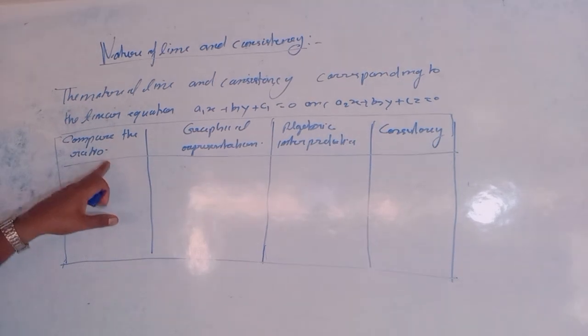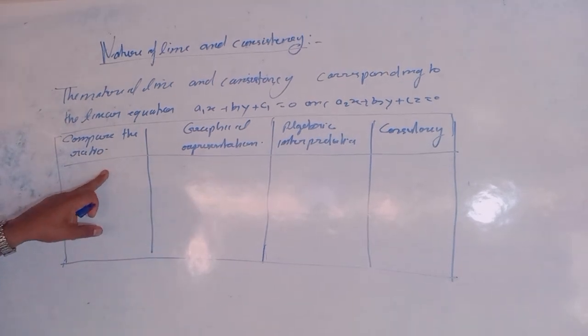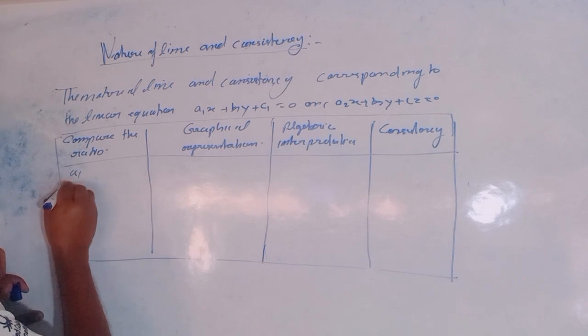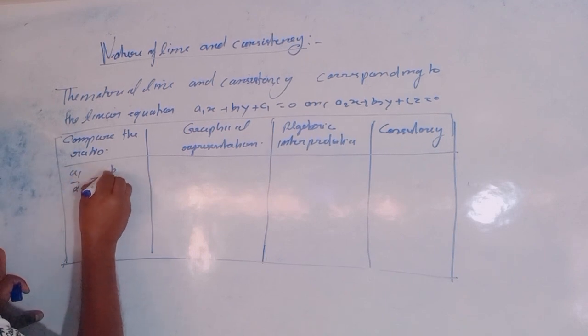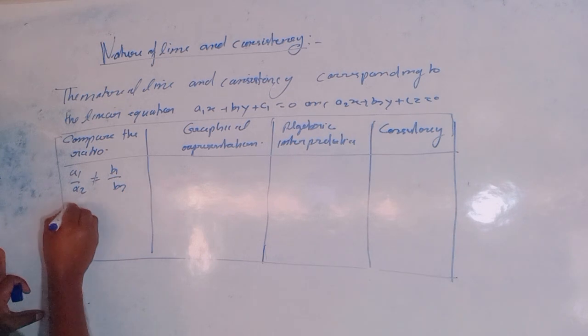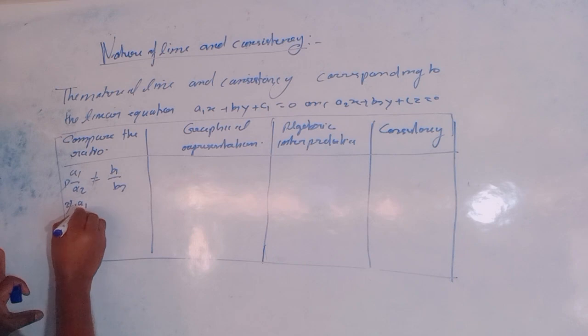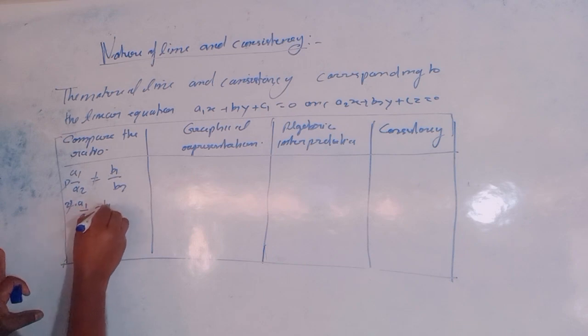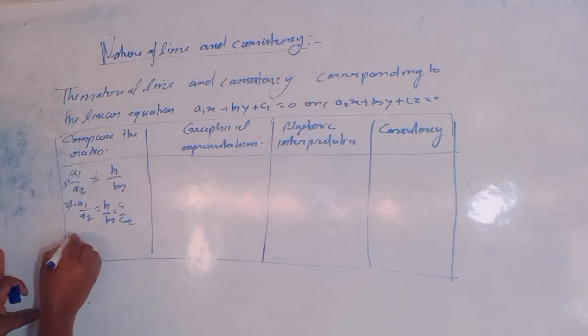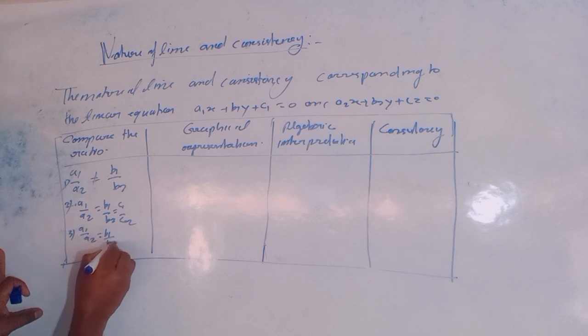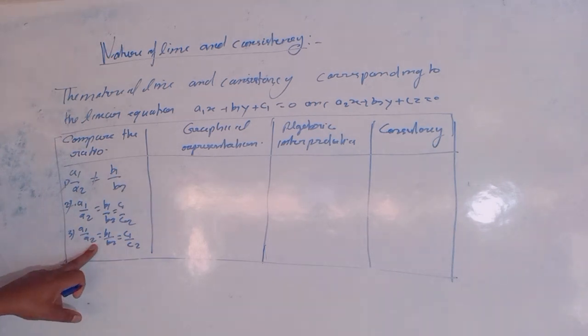So first, compare the ratio: a1 by a2 is equal to b1 by b2 is equal to c1 by c2.